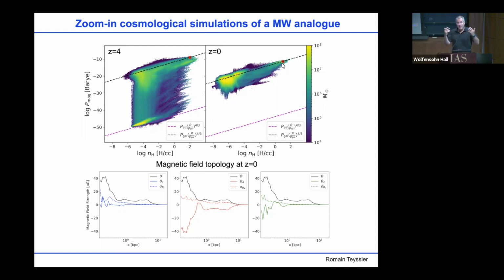And all these combined, you reach equipartition. So that's why this subgrid model is actually doing a little bit at the beginning, and then it disappears, and the simulation does the rest, which is to bring you to equipartition.